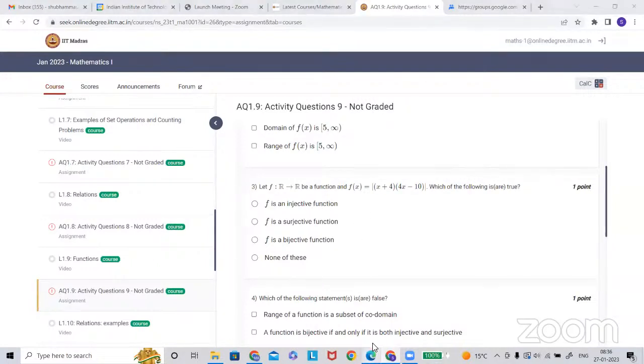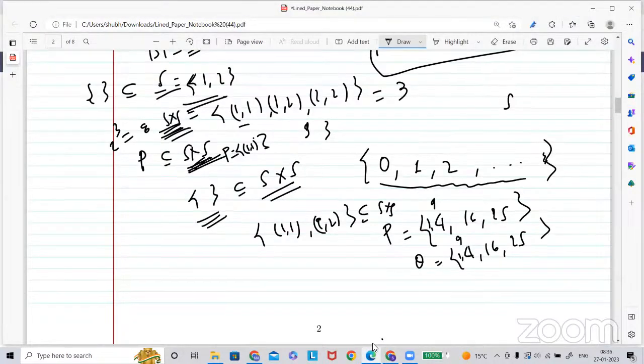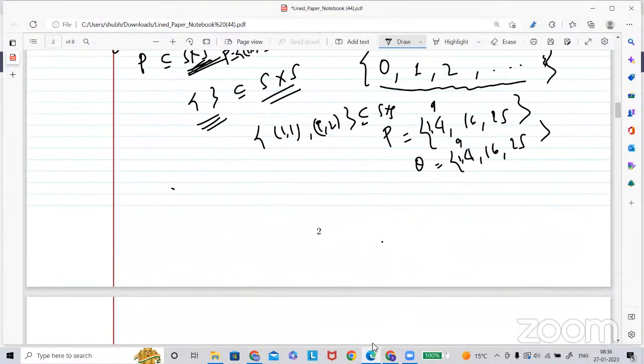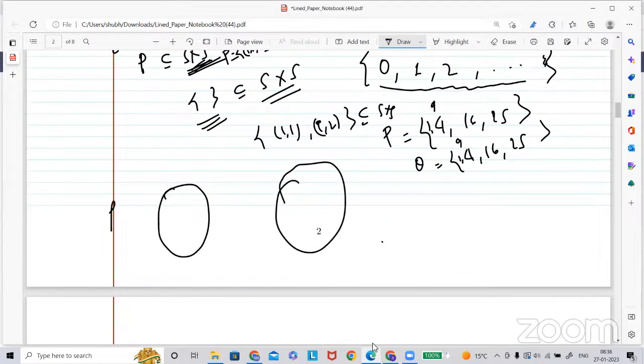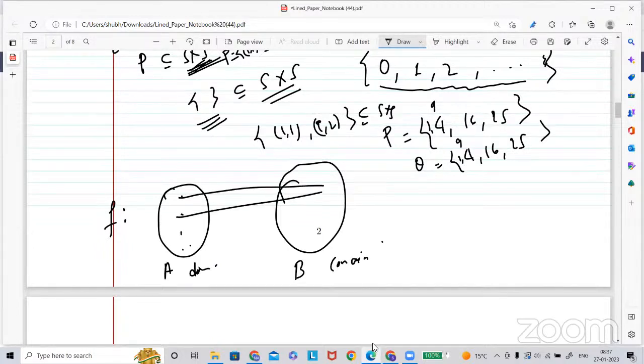Yes, let me tell you what you mean by a surjective function. Suppose your function is from set A to set B. This is the domain, and this is the codomain. Whatever elements are there, you are getting outputs.